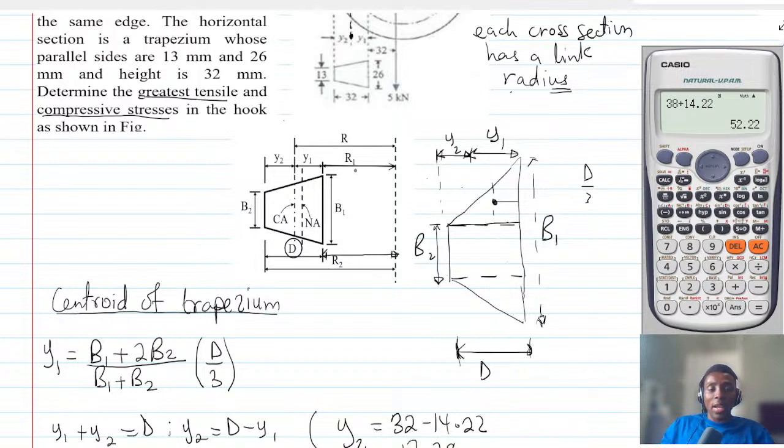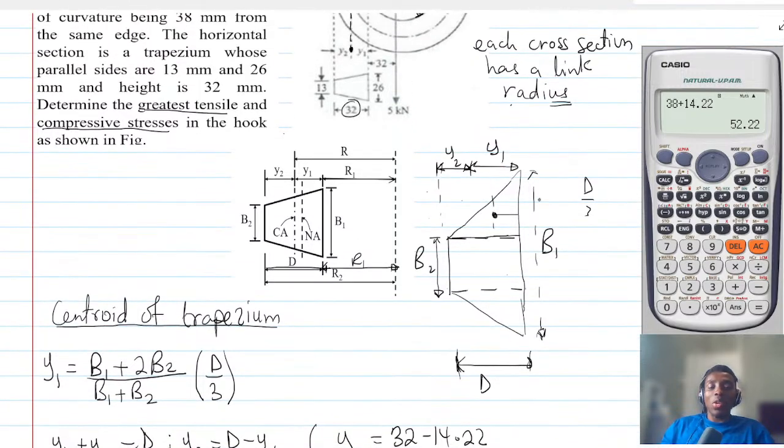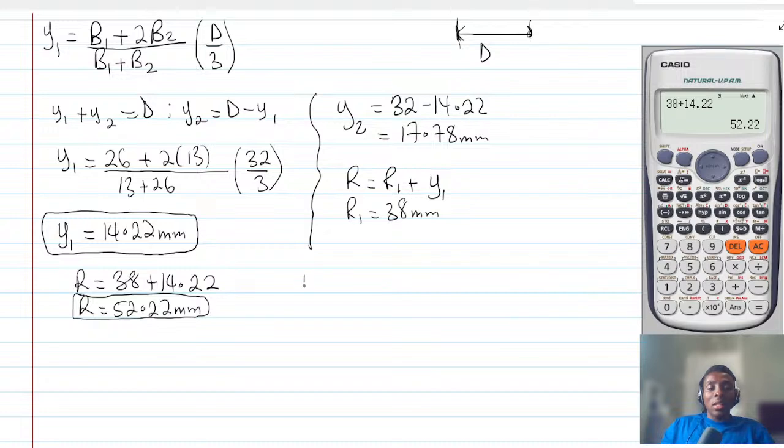From here to here is r1, and then from here to here is d. So r2 is going to be what? D plus r1, but the d is what? 32. So it's going to be 32, which is the d, plus the r1, which is 38. That's why I said r2 is d plus r1, which is 32 plus 38.